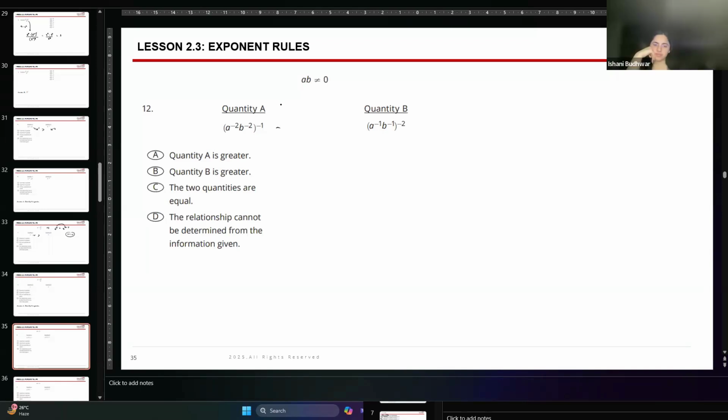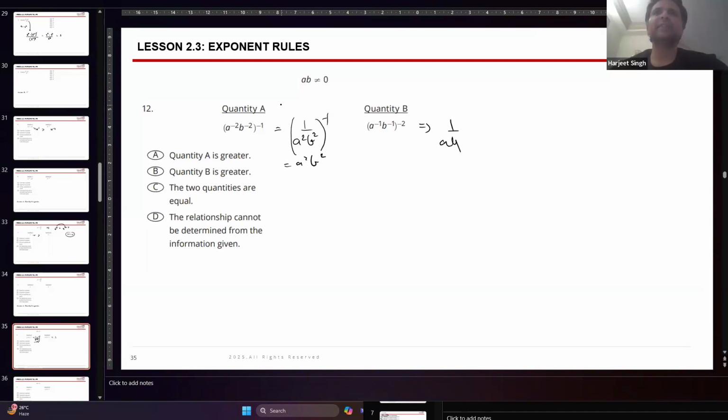So what is this expression equal to? AB all squared. So can I say this is nothing but a square b square raised to minus 1. So this becomes a square b square, right? And same is the case with this, ab raised to minus 2.